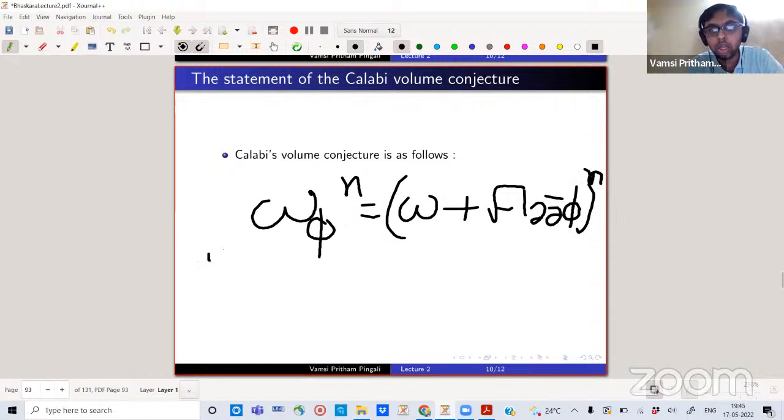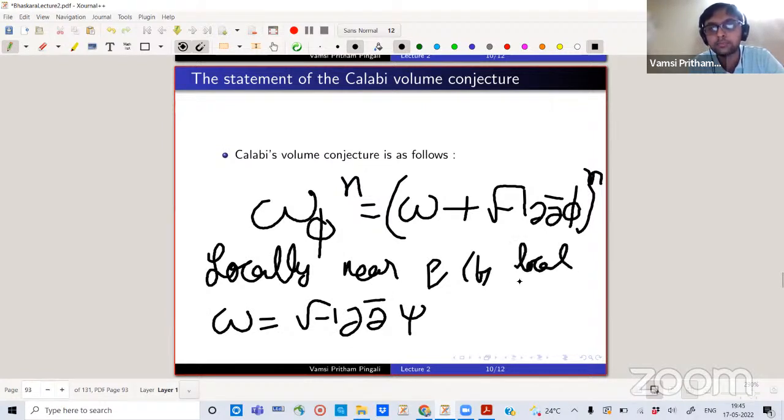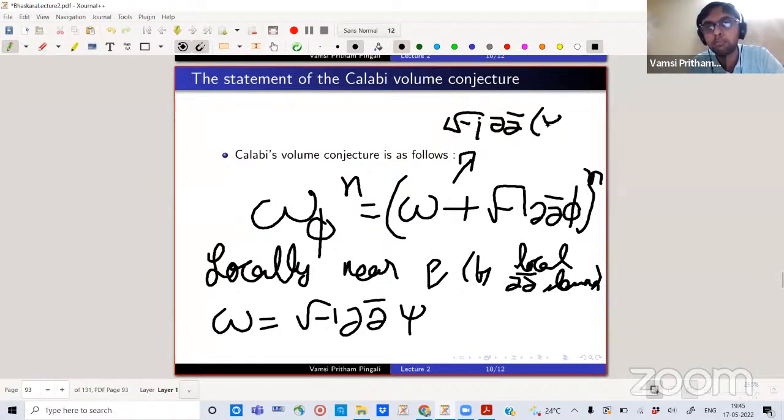So locally, near a point, omega is del bar exact, psi, by the local del bar lemma. So in other words, locally, this is the square root of minus 1 del bar del psi plus phi raised to n. What is this?